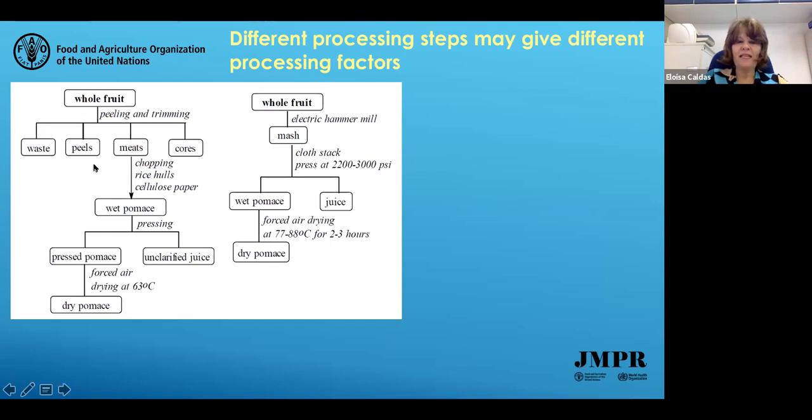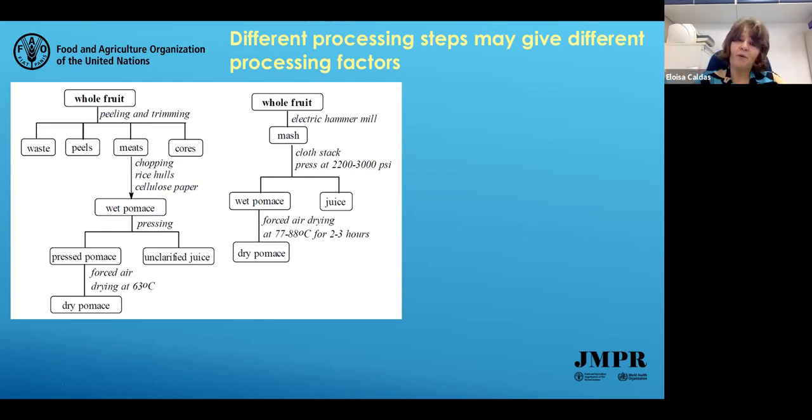So what I mean is that in addition to having different processing factors using this same procedure, in each case it is one different sample, because we do that with incurred residue. We don't fortify a control sample to do this kind of thing.